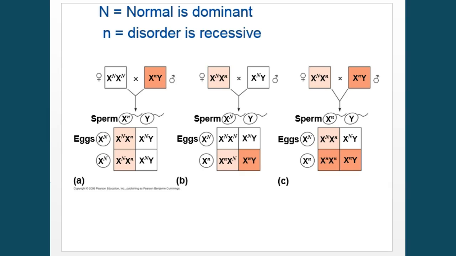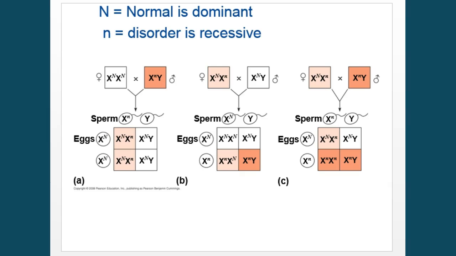So when those two parents have children, we'll use people for example here, they get a normal X from mom because that's all she has to give, and female children will get that recessive disorder trait from dad, because that's his only X to give, and then the males will get the Y from dad, and they will not be affected at all. The females will now be what you would call a carrier, because they do carry that trait on one of their X chromosomes.